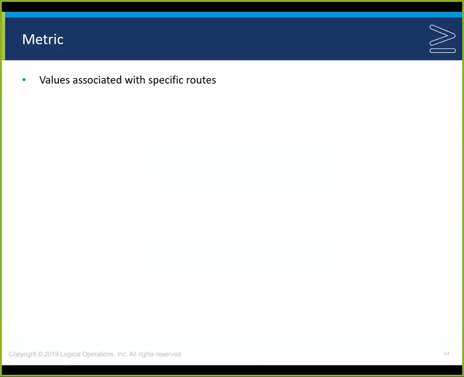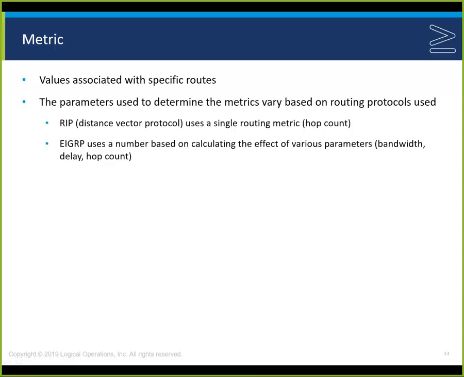The metrics are the way that the routers determine what the cost is going to be, how much it's going to cost me to get from one location to the other. Parameters used to determine the metrics vary based on the routing protocol, all the way from RIP, which uses hop count.